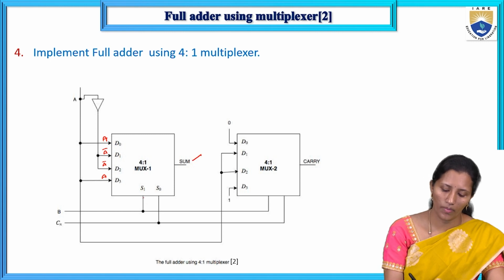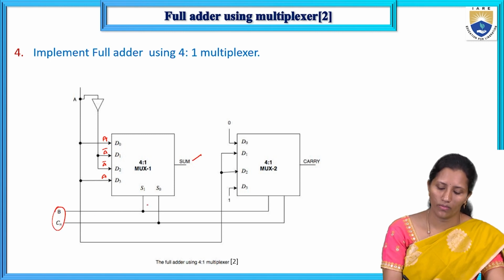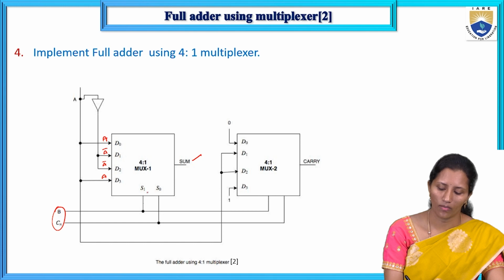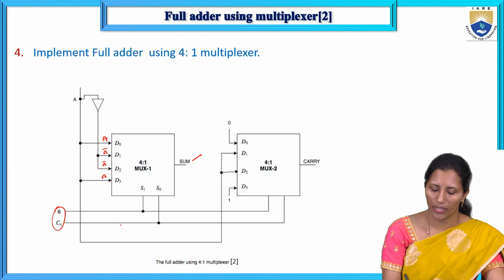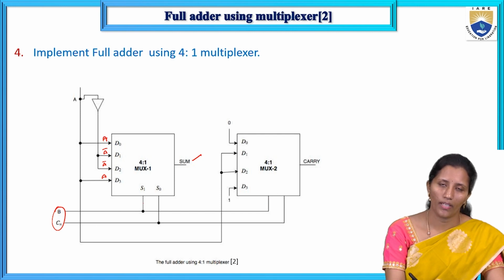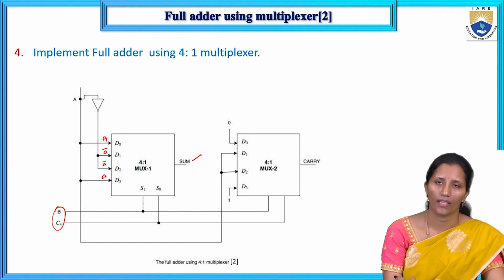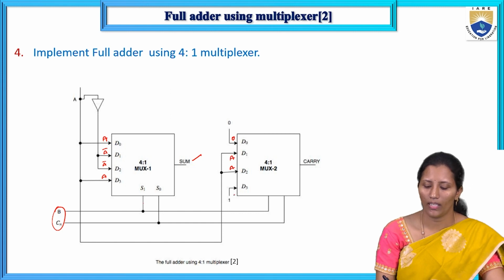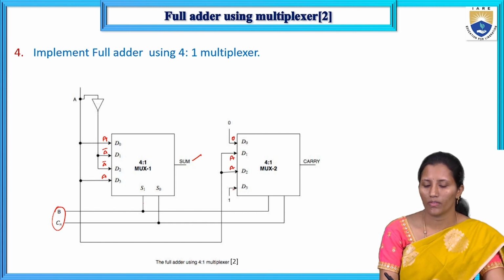B and C are the inputs to the selection lines for both the sum and carry multiplexers, S1 and S0. So B, C are given as selection lines, and from the implementation table we have got A bar, A bar, A as the inputs for sum, and 0, A, A, 1 for carry.